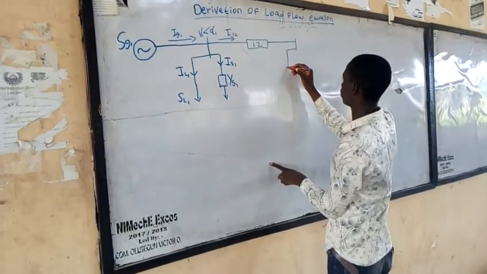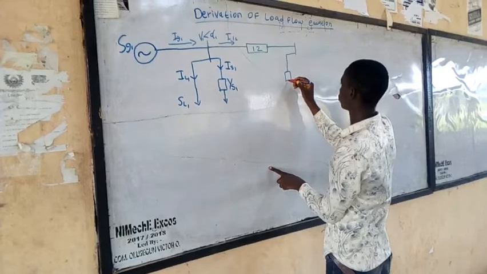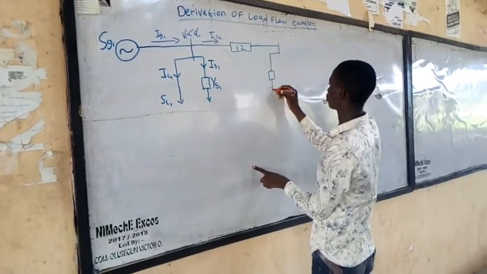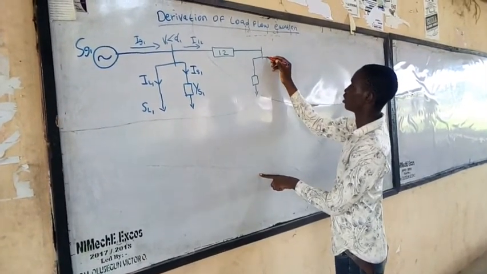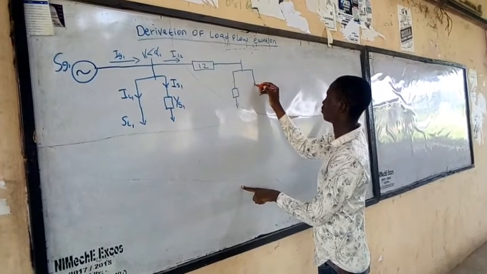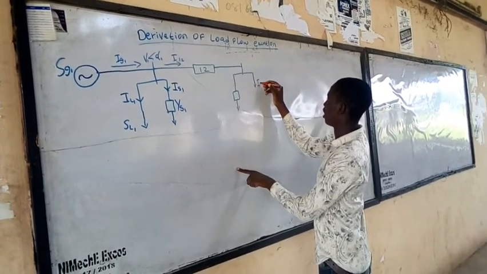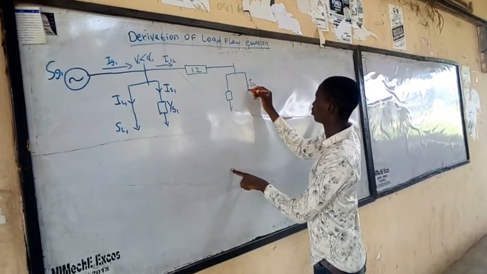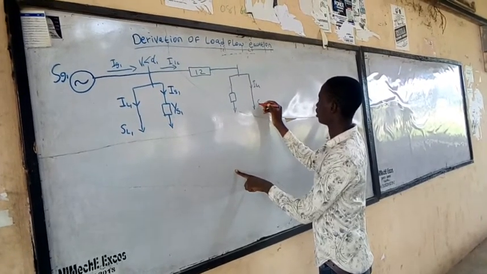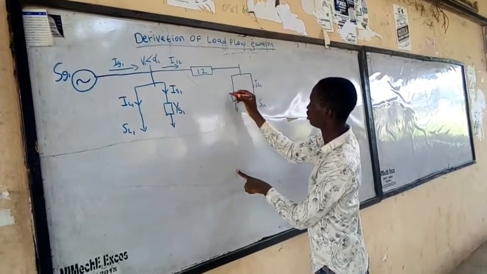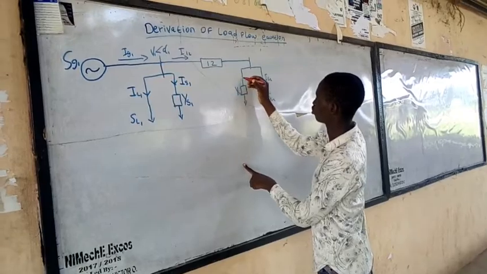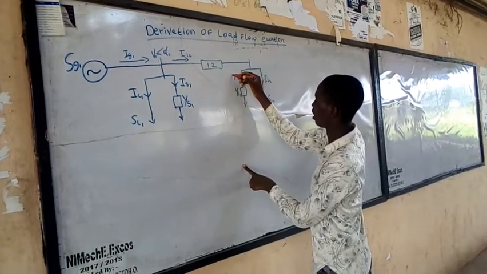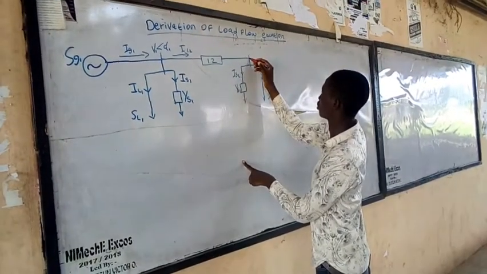Okay, we have an impedance first, just like the opposite of this, and again we have the current IL2, and here is SL2, here is YS2, here is IS2.